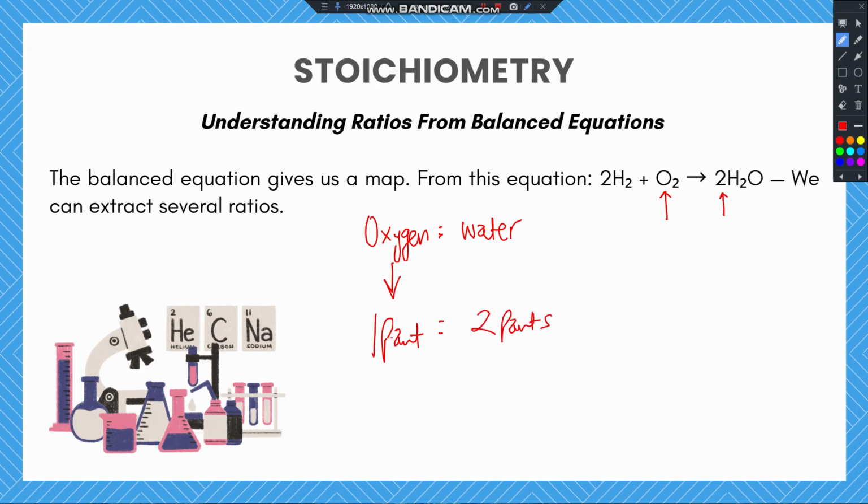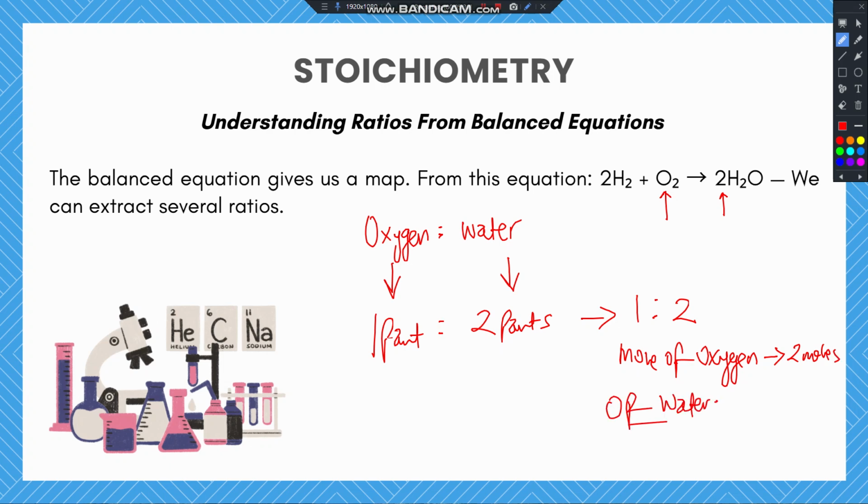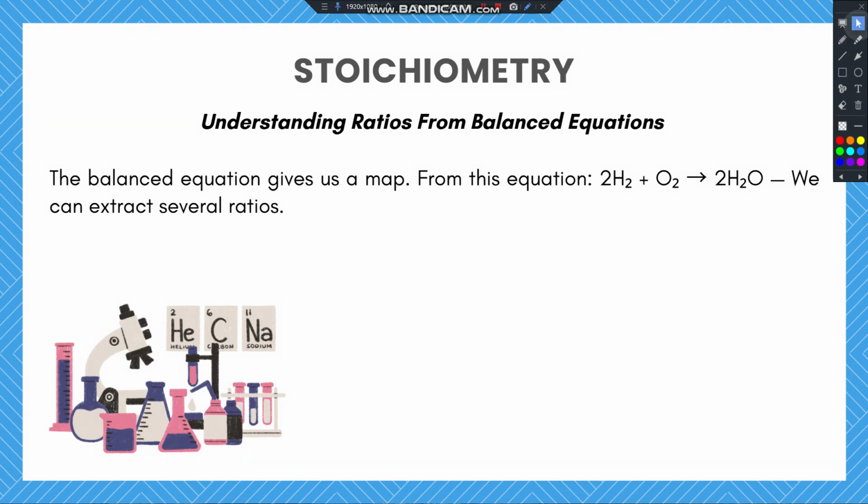So that simply means that the mole ratio becomes 1:2. Now, if you are to depict this in simple English, we would say 1 mole of oxygen produces 2 moles of water. Can you see how this is being played out? Easy, simple, and straight to the point.